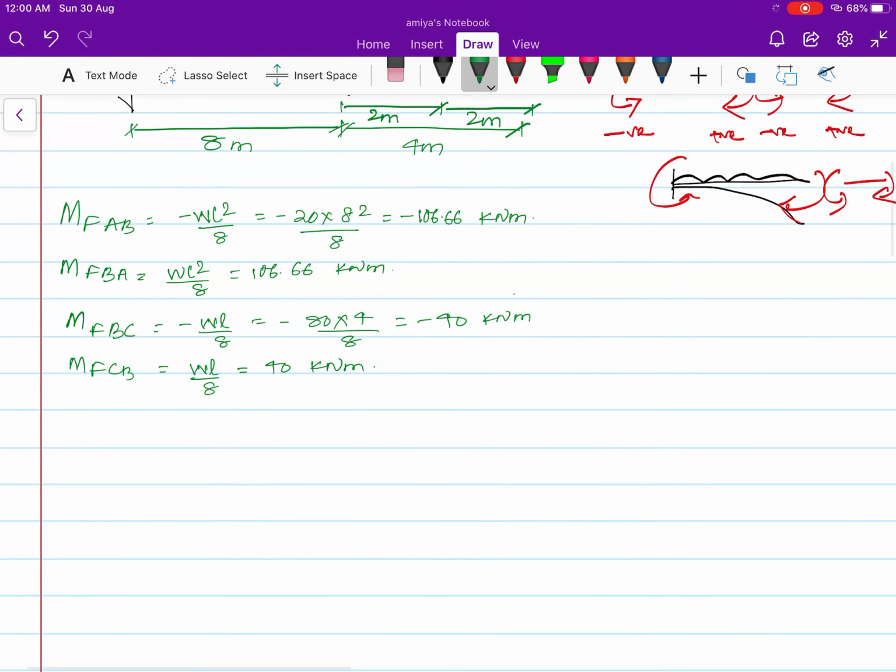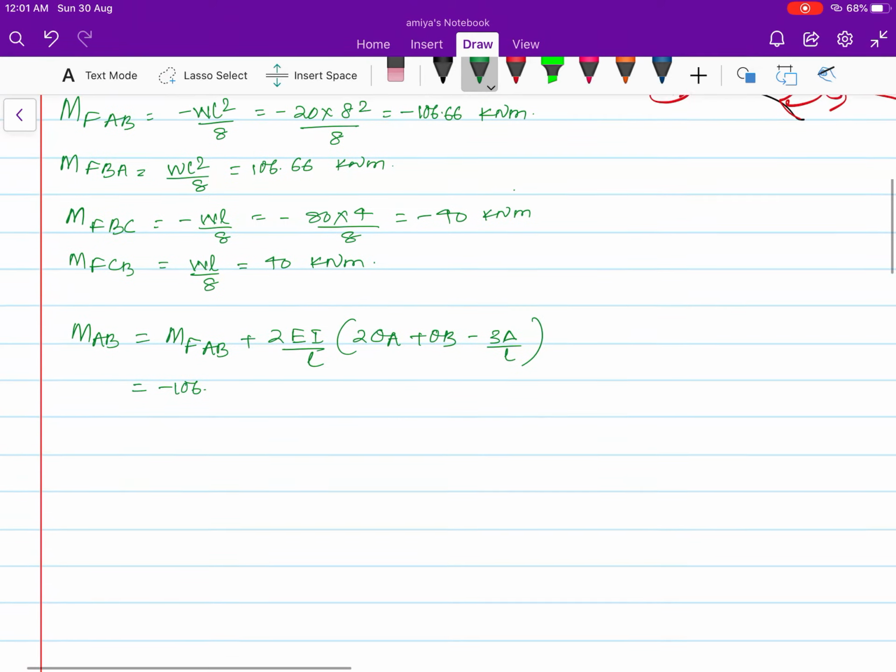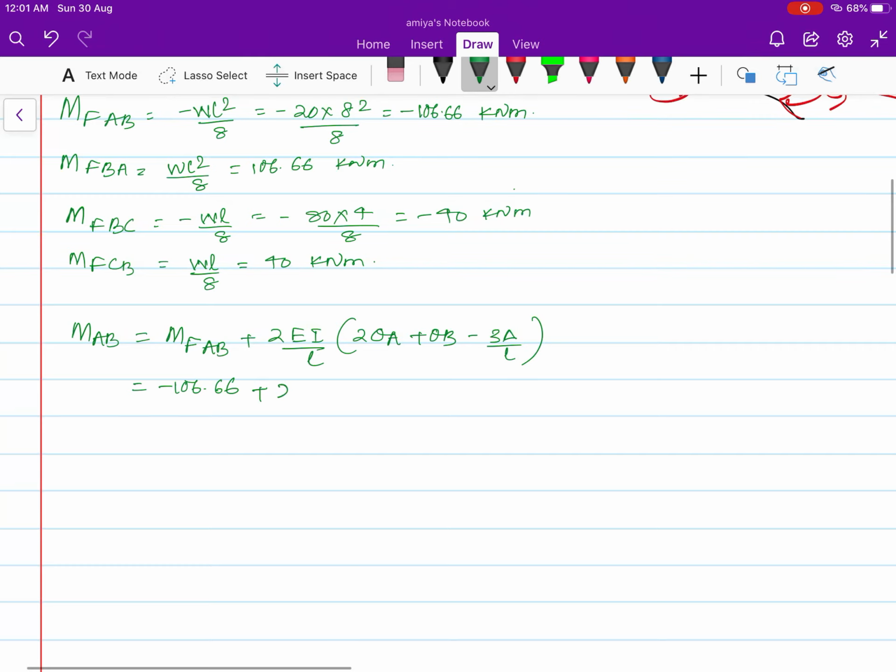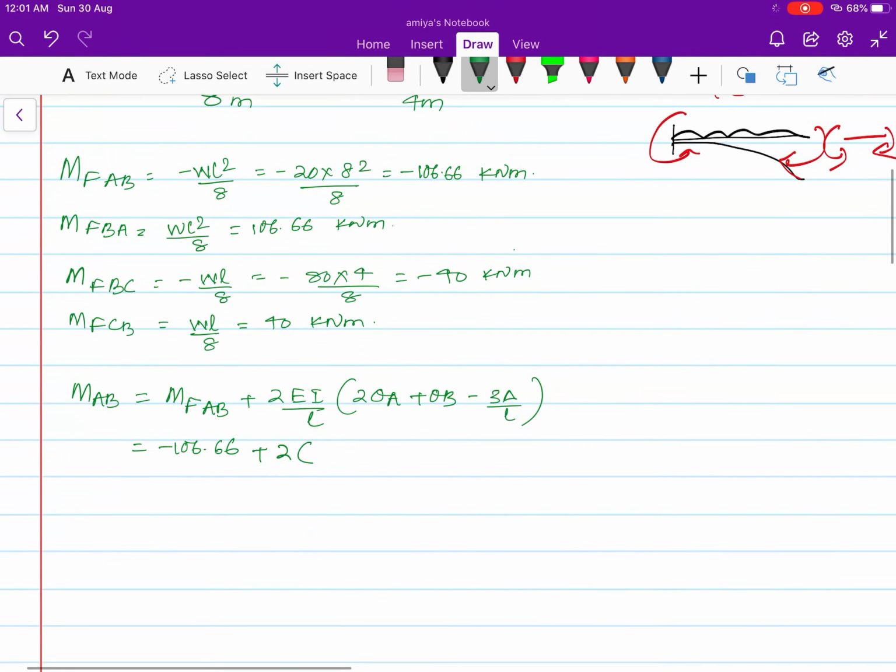So the equation for our slope deflection is given by MAB is equal to fixed end moment AB plus 2 EI by L bracket 2 theta A plus theta B minus 3 delta by L. Okay, fixed end moment is minus 106.66. 2 EI for the span AB, you can see is given 2 EI.